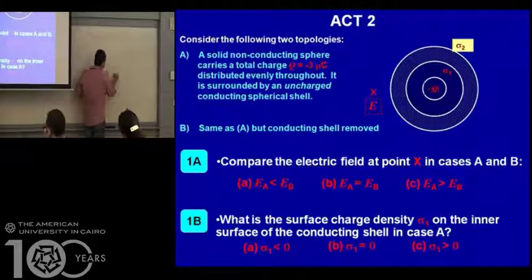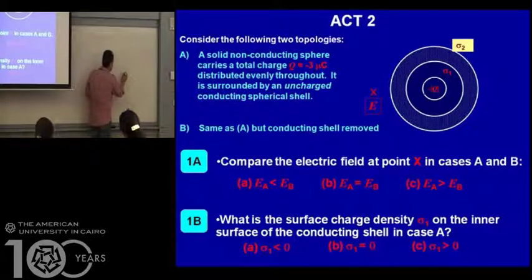This is the sphere that has negative Q, and this is the spherical shell. So on that surface, you get positive Q, and on that surface you get negative Q, correct?